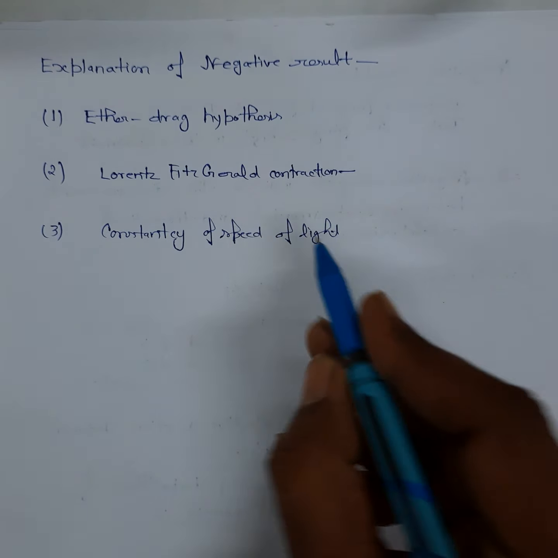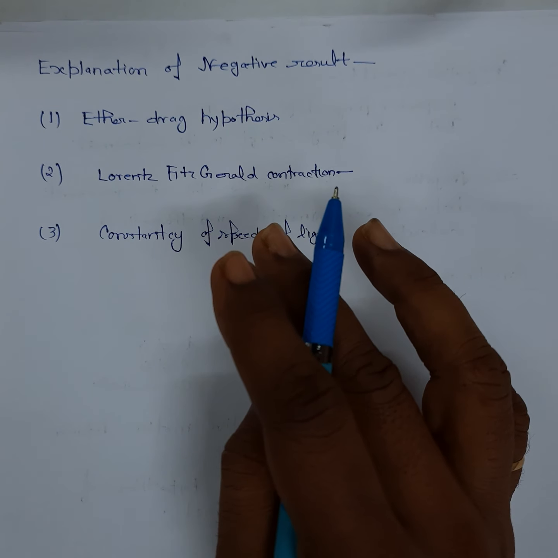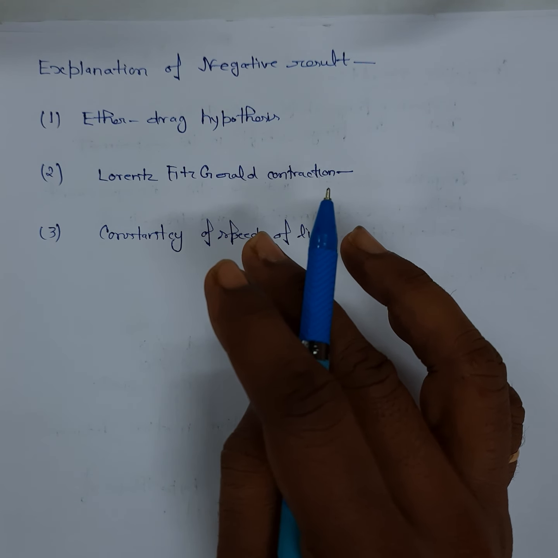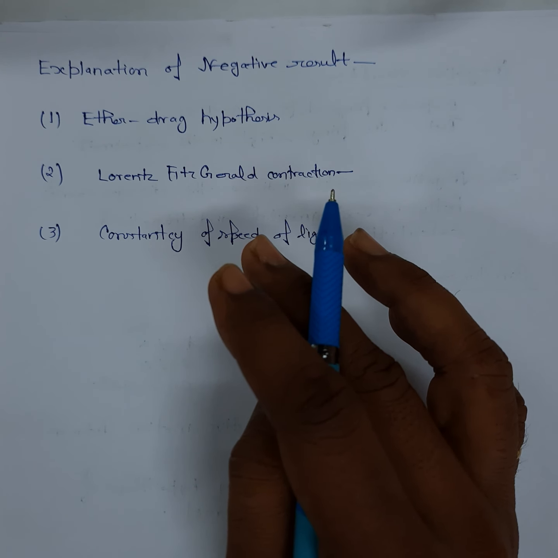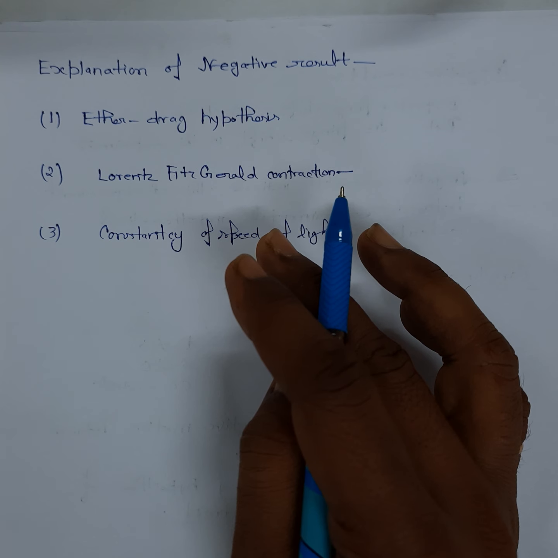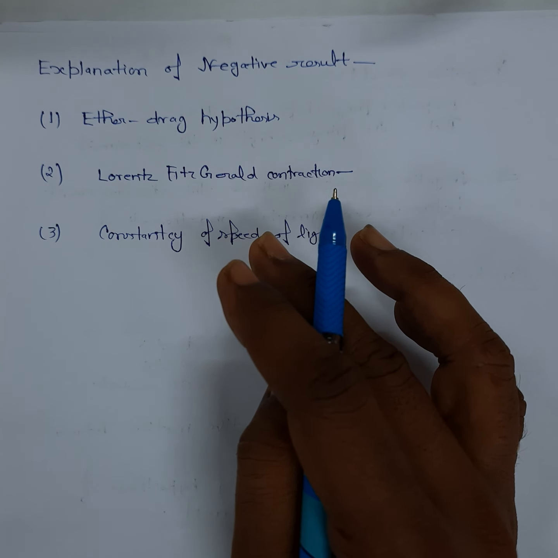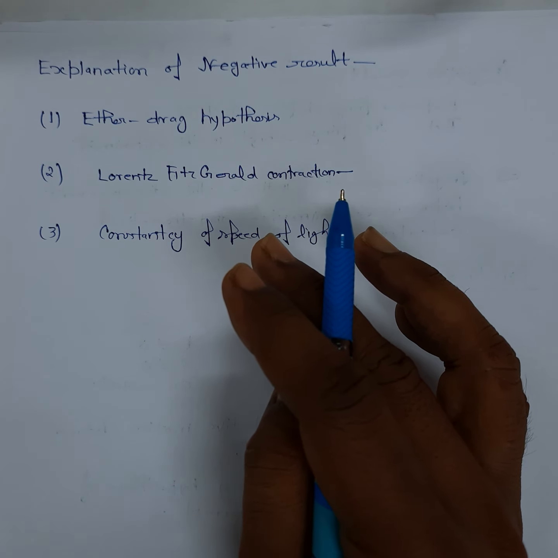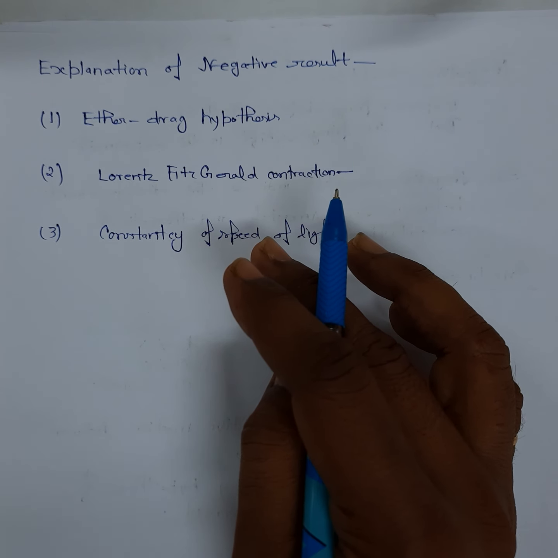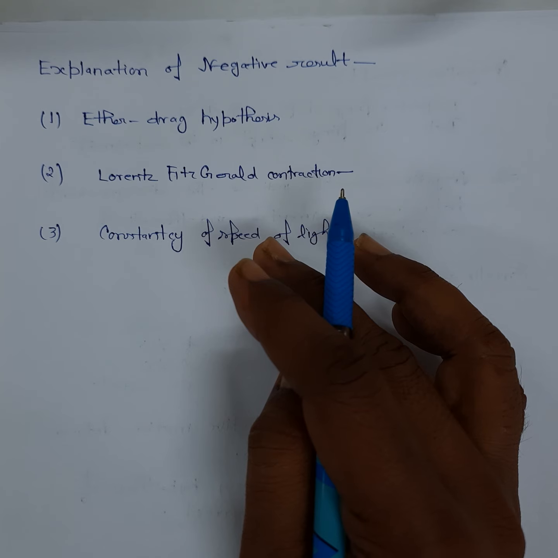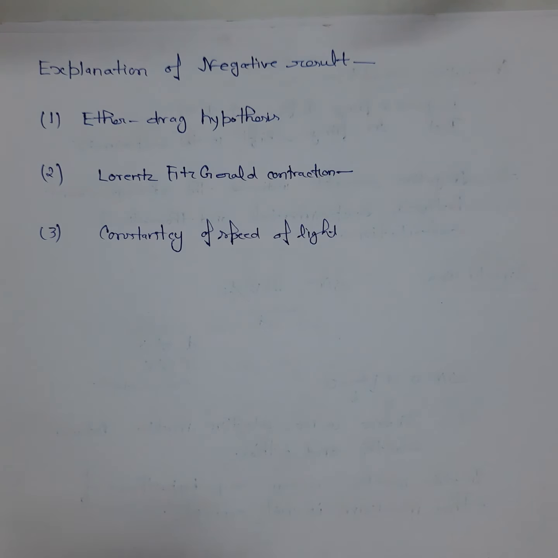Therefore, there is no relative motion between the earth and ether. If the ether itself moves along with the earth, then the observer in the lab will not observe a different velocity of light, so there will be no fringe shift. But this explanation was discarded because it was against the phenomenon of stellar aberration.